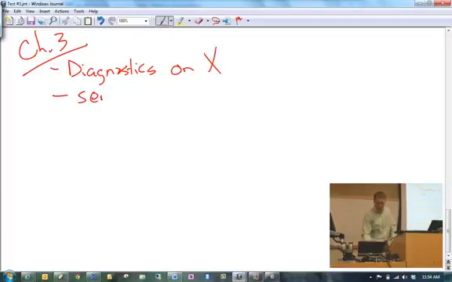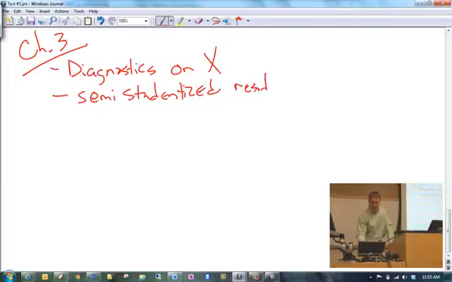I also described what a semi-studentized residual was. Why do we want to do a semi-studentized residual? The reason is that it puts the residuals on a numerical scale where we have a better concept of what's unusual and what's not. Between -3 and 3, we use an approximate normal distribution approximation.